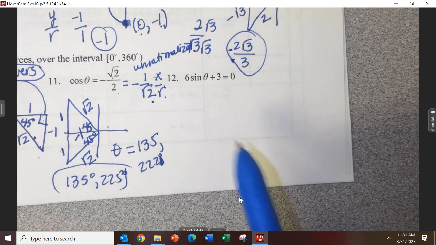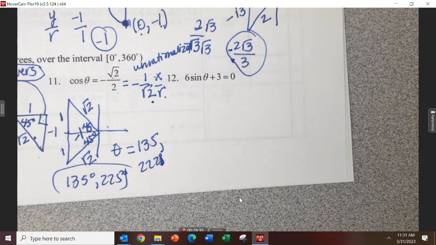Okay. Can you guys try 12 on your own? Get the sine by itself first.